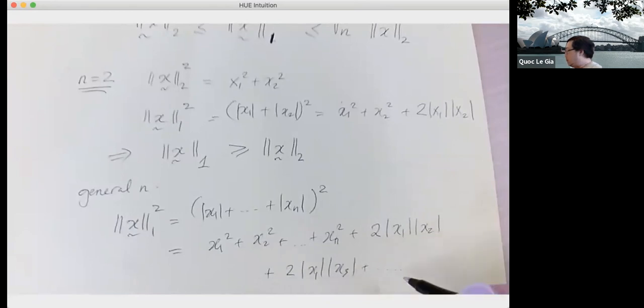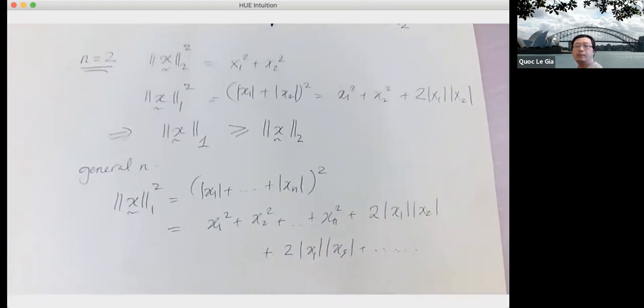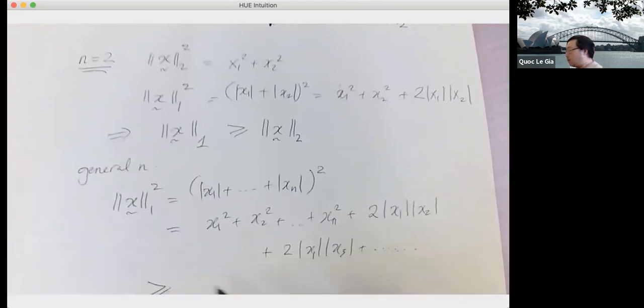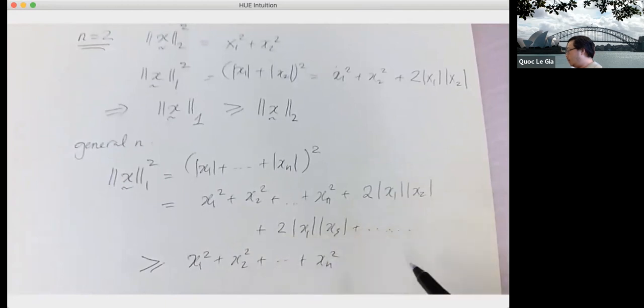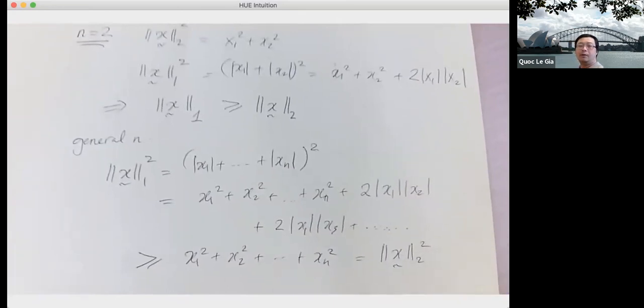There are a lot of cross terms, but we don't worry because you just add some positive numbers. So this is definitely greater than or equal to x1 square plus x2 square up to xn square. And this is your 2 norm square. And that's it.